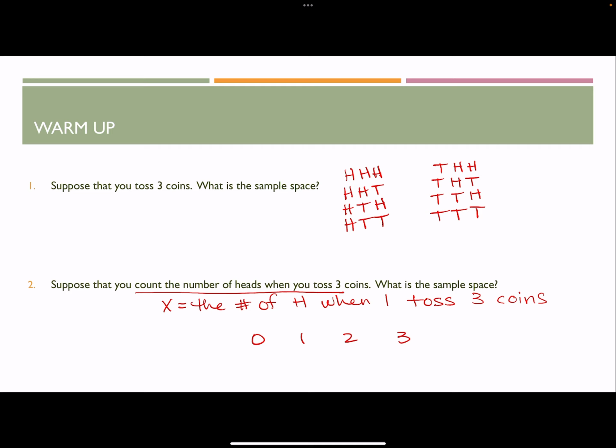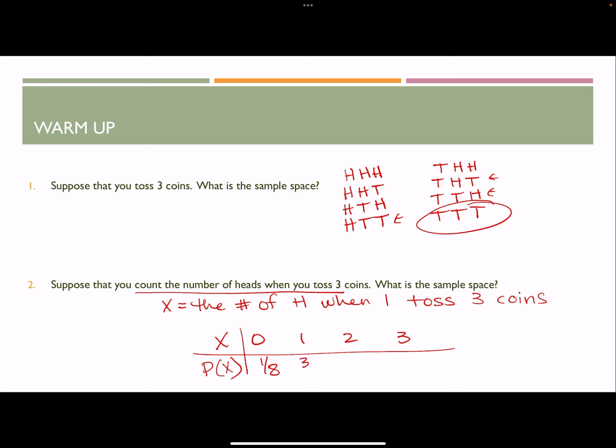Now, if I wanted to come up with the probability distribution of the number of heads when I toss 3 coins, that's all the possible values for X and the probability of each possible outcome. So the first possible outcome, 0 heads, is 1 out of 8, right? 1 head would be, let's see, this one, and this one.